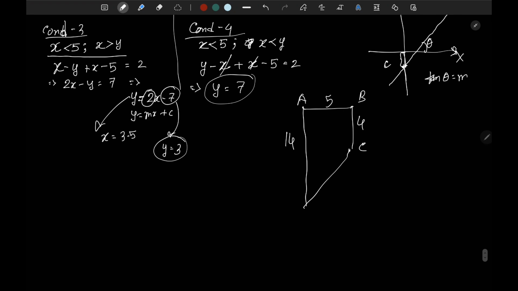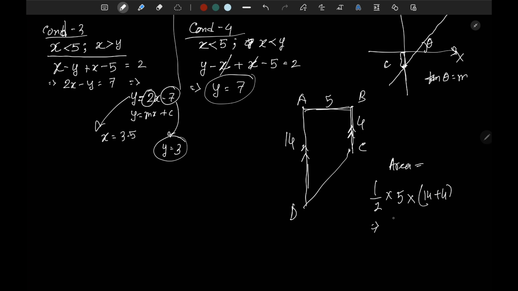So the area of the trapezium, as we already know, is given by half into the distance between the two parallel sides. Here parallel sides are AD and BC. The distance between them is 5. So half into 5 into the sum of the lengths of the parallel sides, that means BC plus AD, which is 14 plus 4.